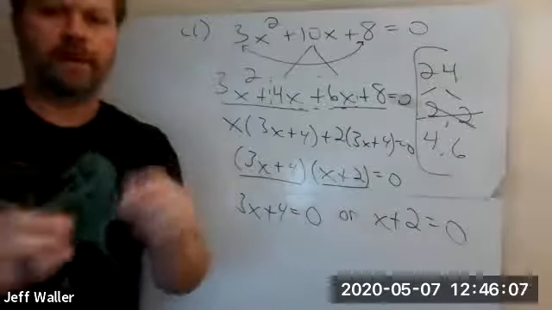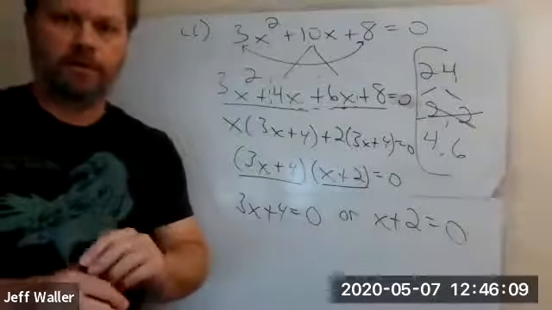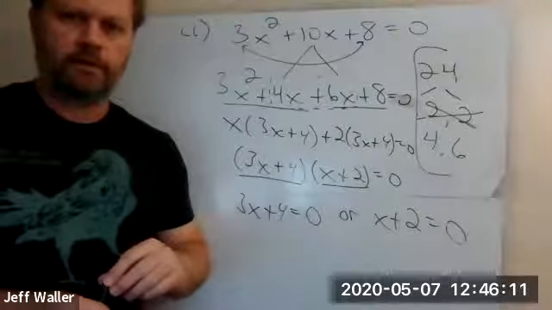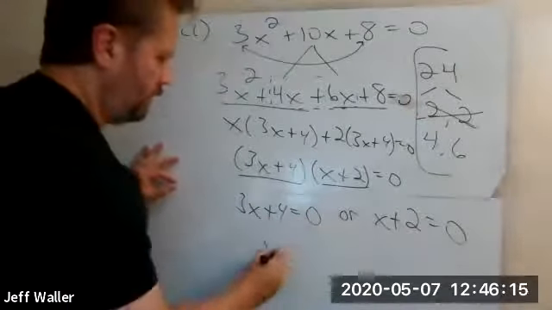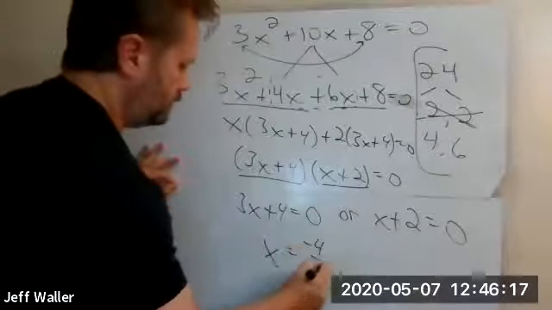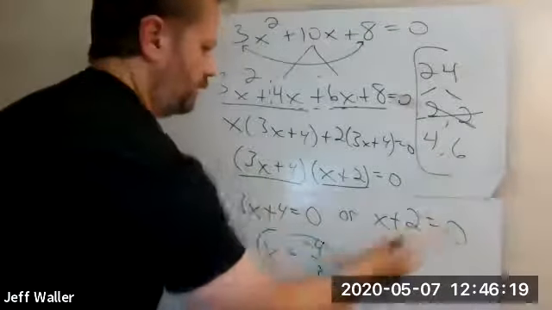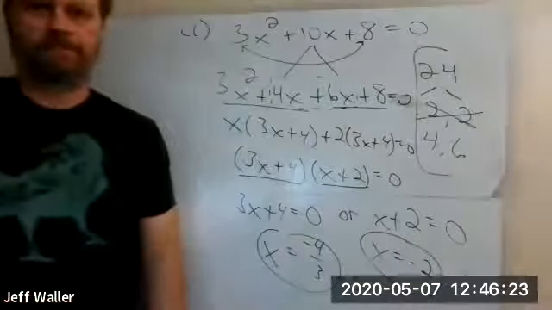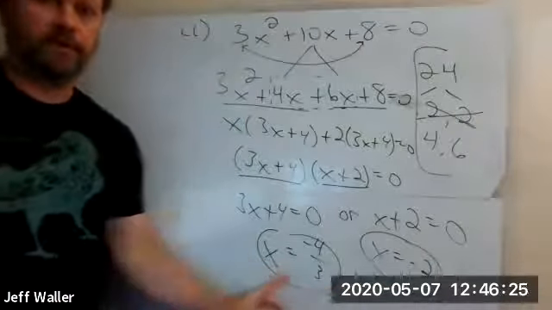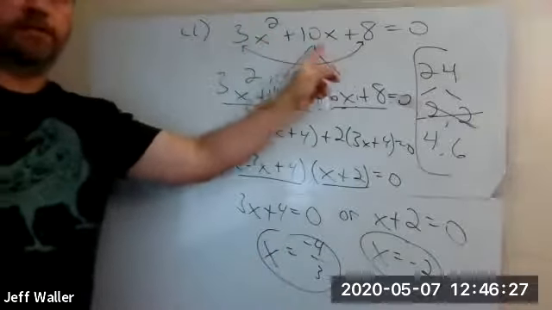So one of them has to be 0. So just to cut to the chase, subtract 4, divide by 3, I get -4/3. And then subtract 2, I get -2. So if you put either one of those numbers into the original, this would become 0.